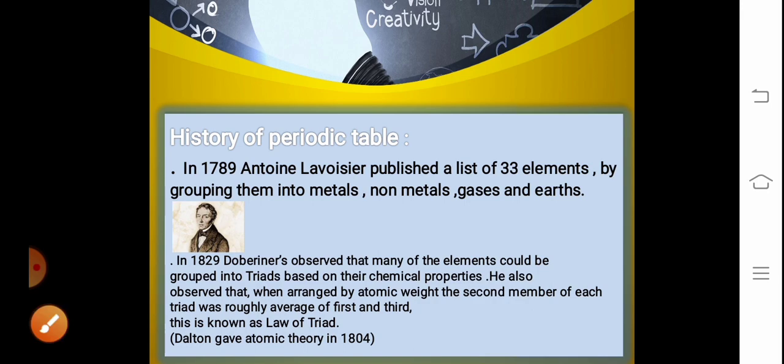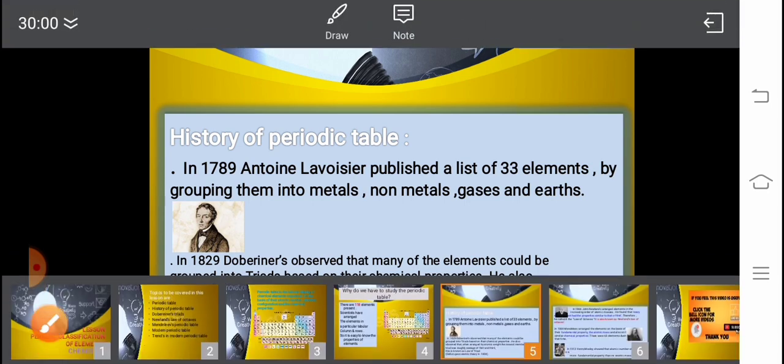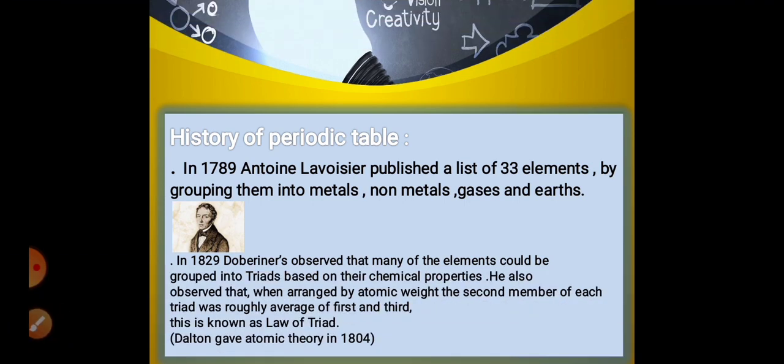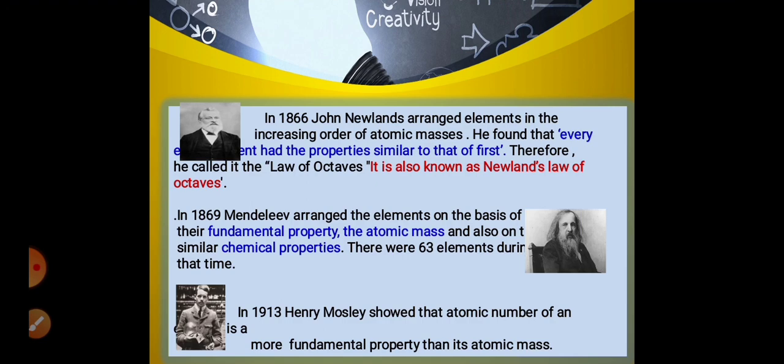Okay. So next, in 1866, a scientist by the name John Newland used the atomic masses to arrange the elements. We have seen that Dobereiner arranged the elements based on chemical properties.